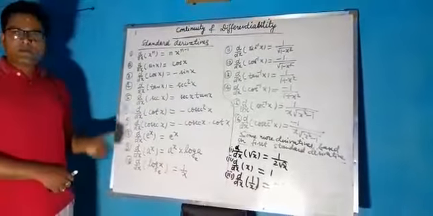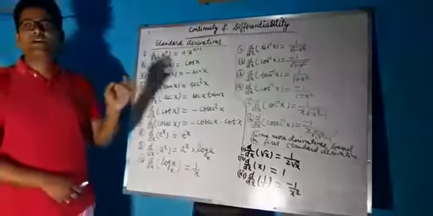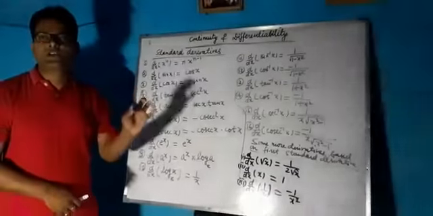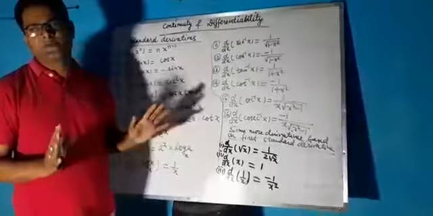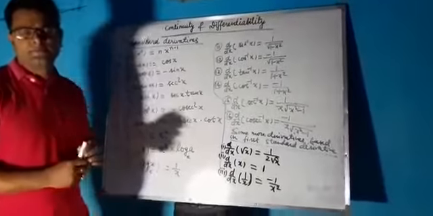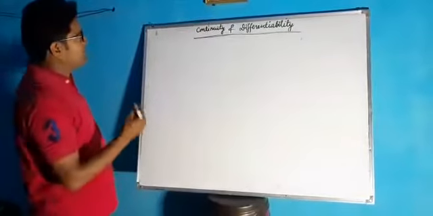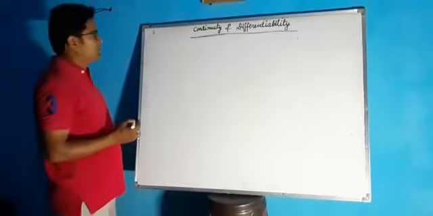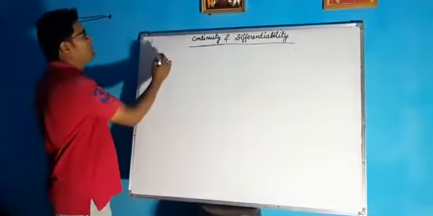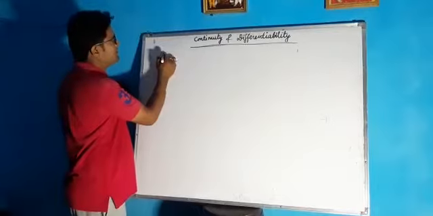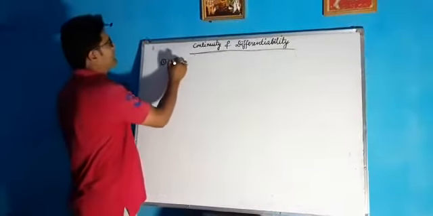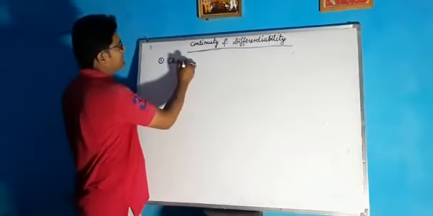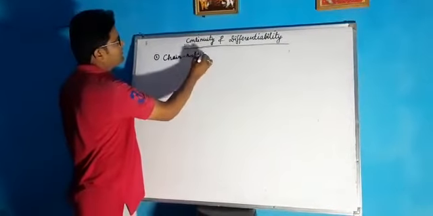So my next concept is the chain rule. You know, the chain rule is the backbone, or we can say the heart of derivatives. Okay, let us see, everyone. The chain rule, as I have told you, is the backbone or heart of derivatives. The most important rule in derivatives.